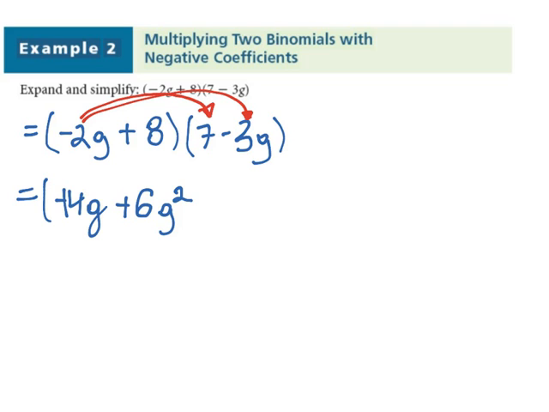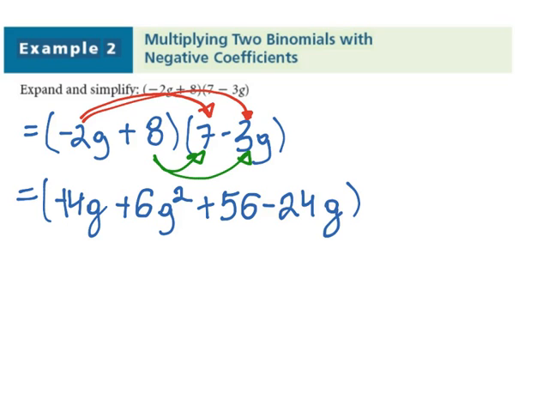The next part, we're going to multiply the second term with everything inside the second binomial. So 8 times 7 is 56, and 8 times negative 3 is negative 24, and don't forget the g. The next thing is we need to do two things. We need to arrange the expression in descending order.